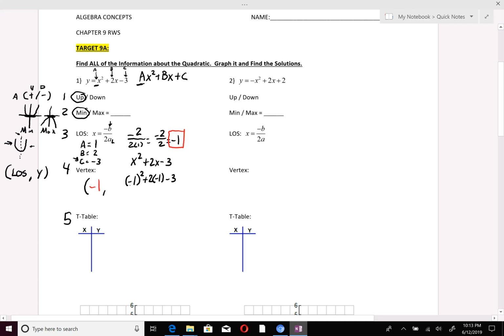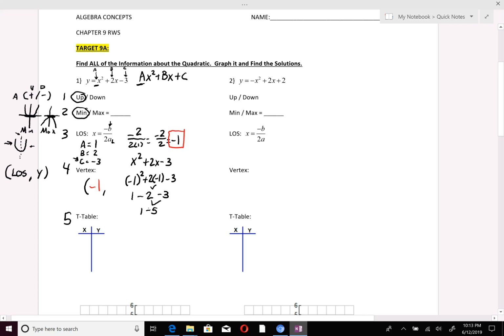And so negative 1 squared, or negative 1 times negative 1, is a positive 1. Negative 1 times 2 is a negative 2. And then the negative 3 just is brought down. So I like to add my negatives first, so negative 2 and my negative 3 get added to a negative 5.